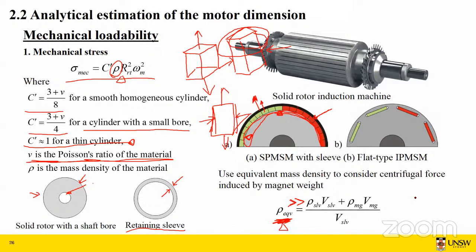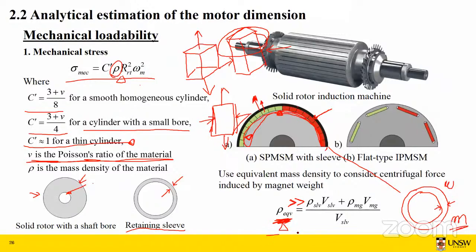So it's similar to having a ring rotating at the speed omega. This ring has the same thickness as the sleeve, but it has a weight that equals the weight of the magnet plus the weight of the sleeve.